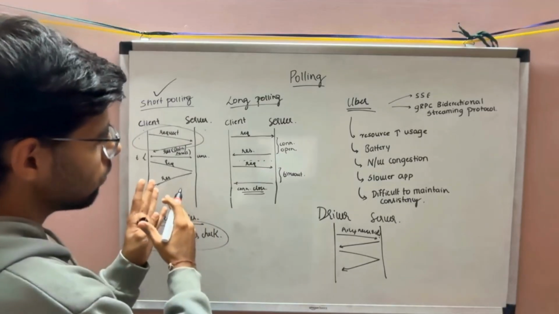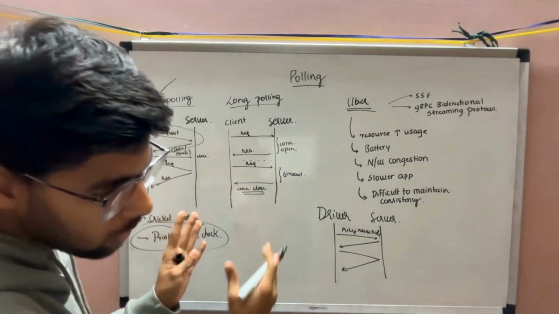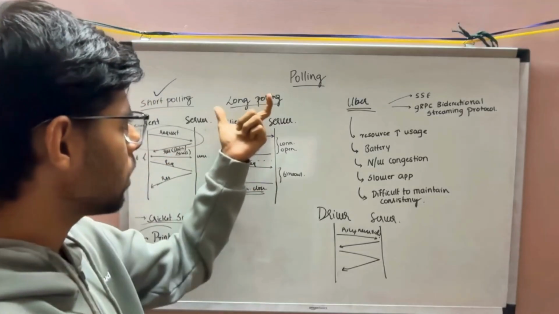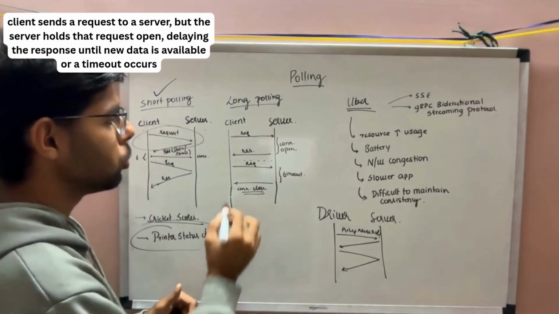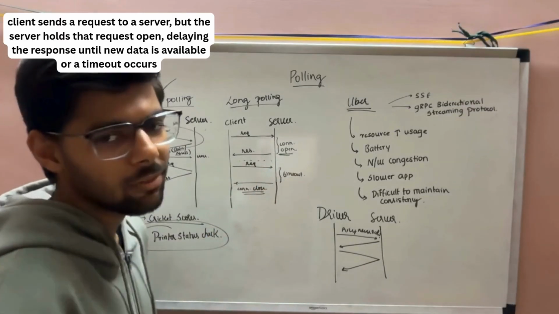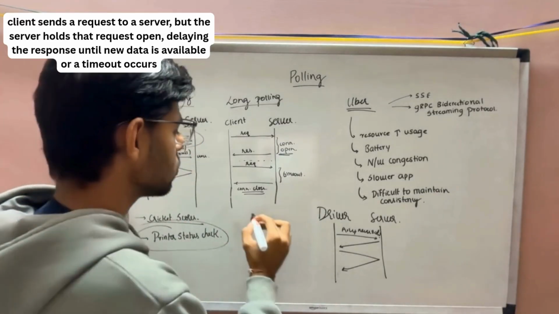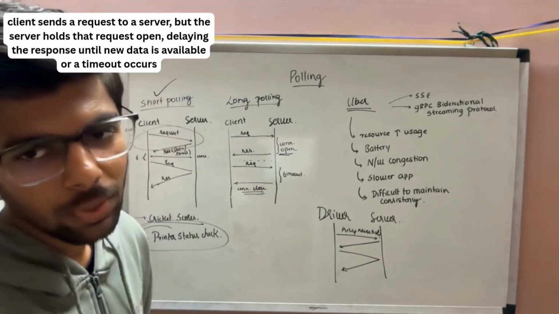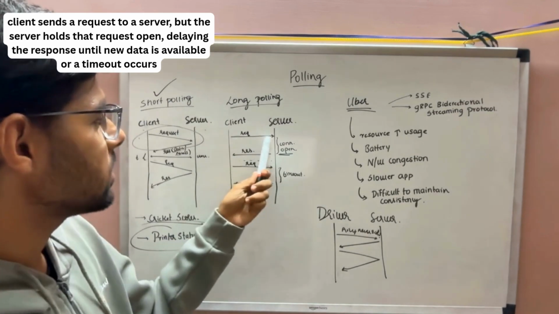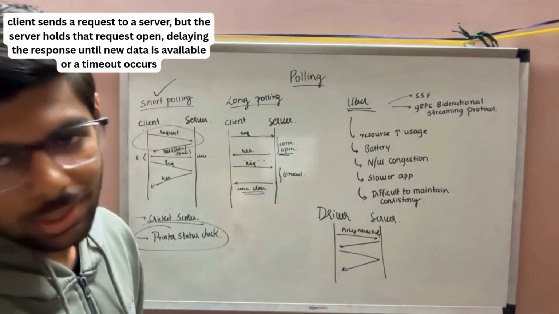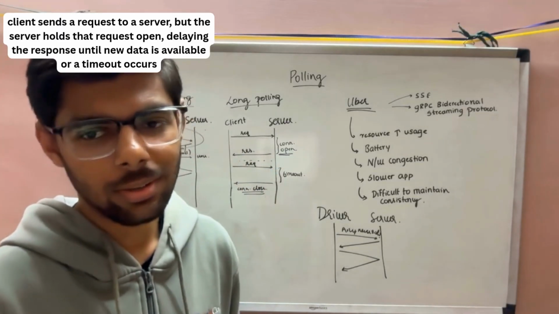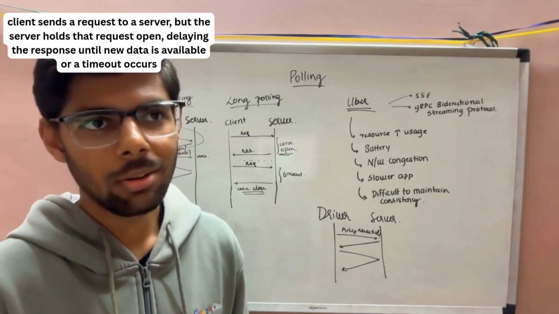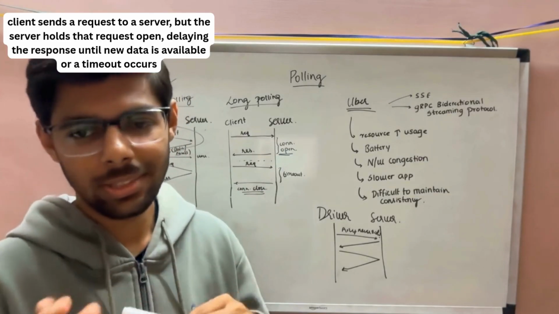Now, to improve polling, there's another concept called long polling. Here you deal with persisting the connection. The client requests the server for data, and the server doesn't immediately respond whether the data is there or not.